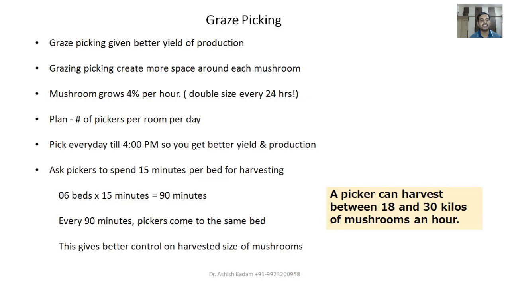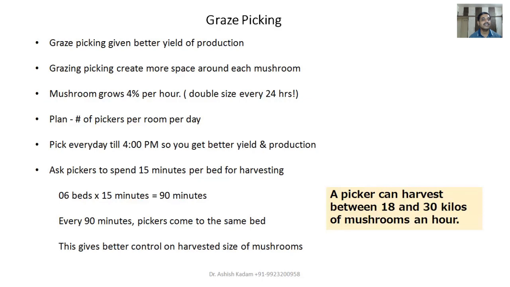He should create spaces. He should take only those selective sizes of the button mushroom, then he will create more space around the other button mushrooms. By the time he goes to the other end, he will pick from other shelves. Those mushrooms also will grow in 24 hours and reach the right optimum size.